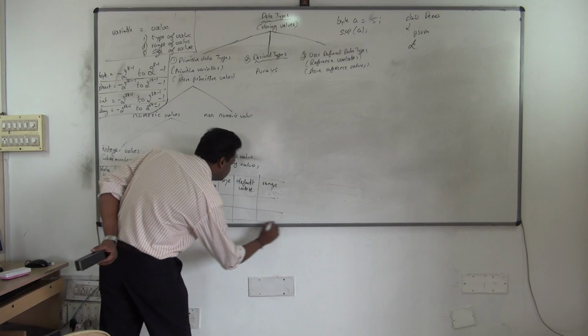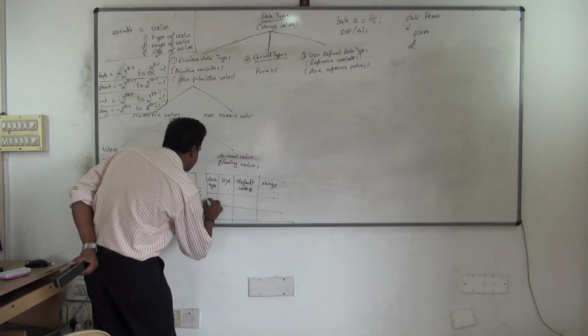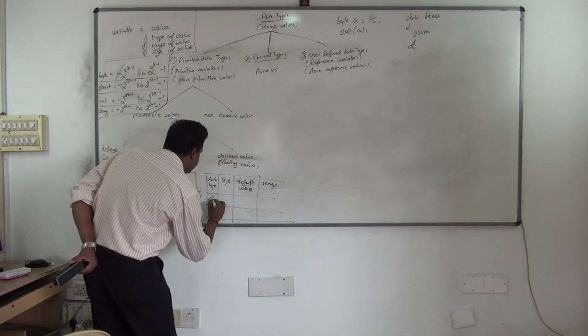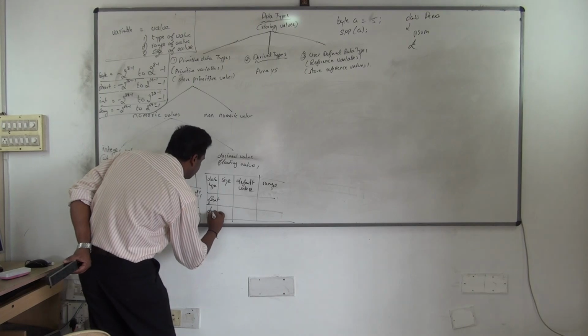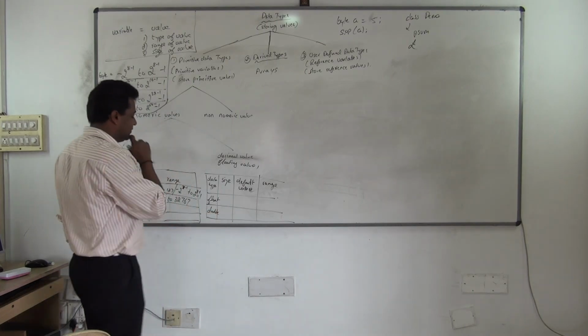And there are only 2 here. Can you guess? Float and double.